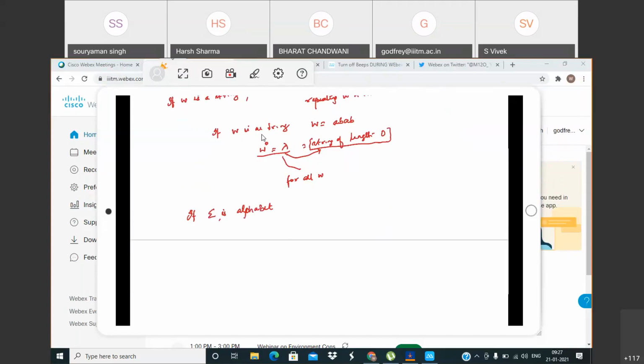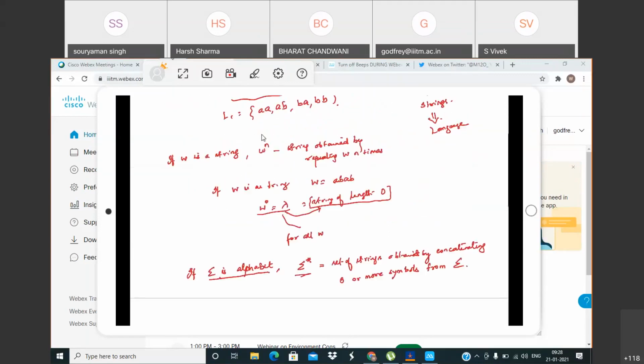If sigma is an alphabet, then sigma star is going to denote the set of strings obtained by concatenating 0 or more symbols from sigma. So I have sigma as an alphabet, and sigma star is the set of strings obtained by concatenating 0 or more symbols from sigma.